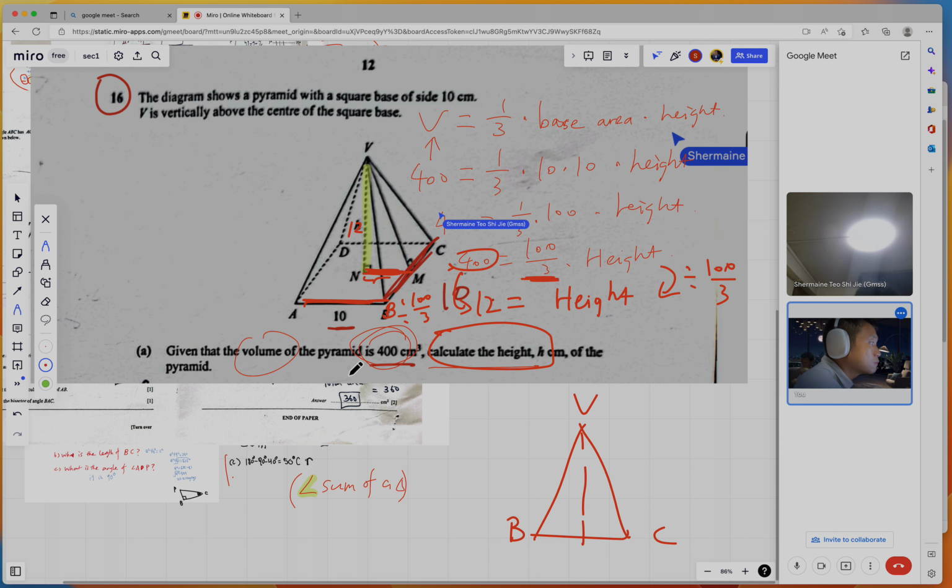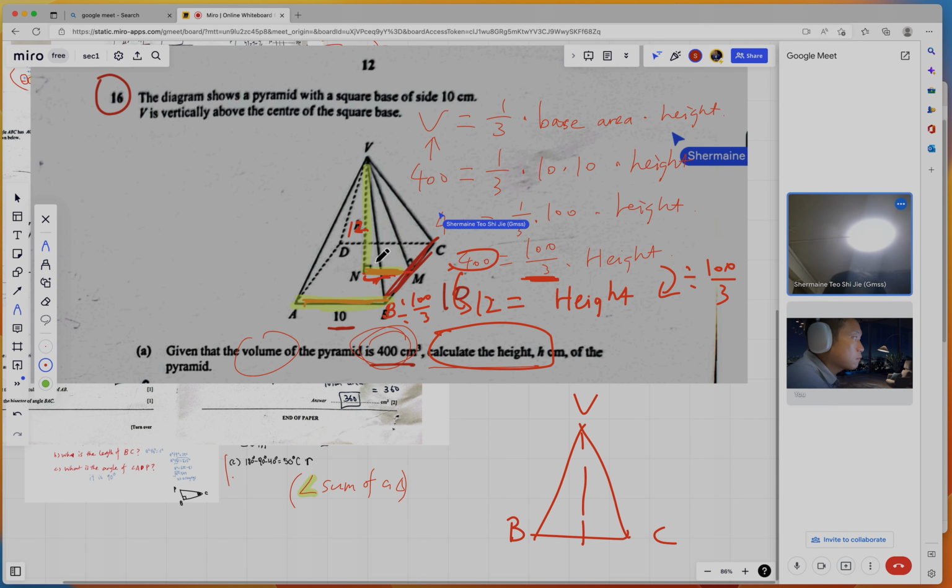The height is 12. NM is how much? This is 10, this is 5.